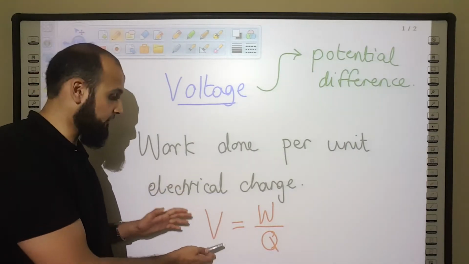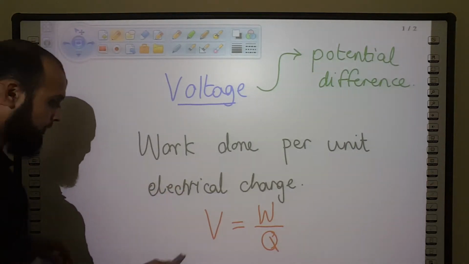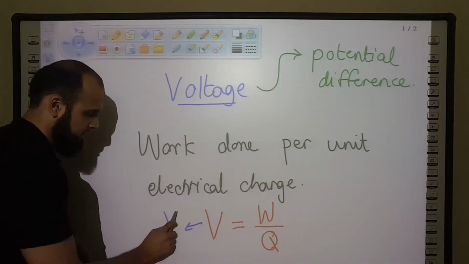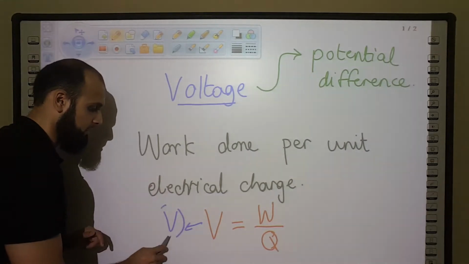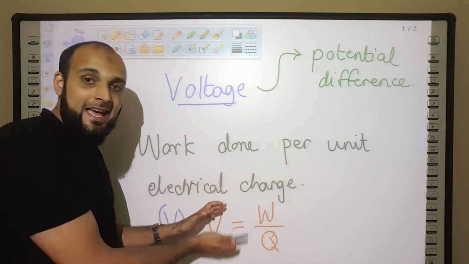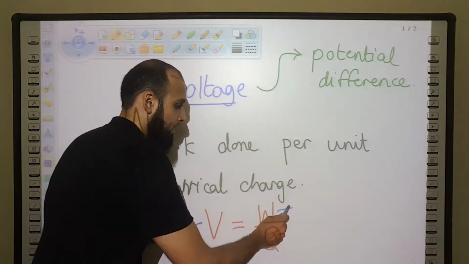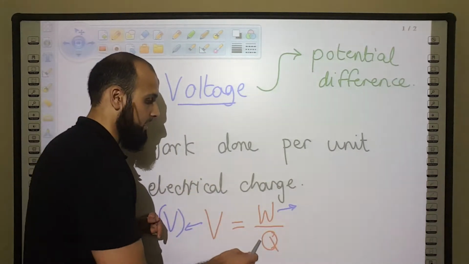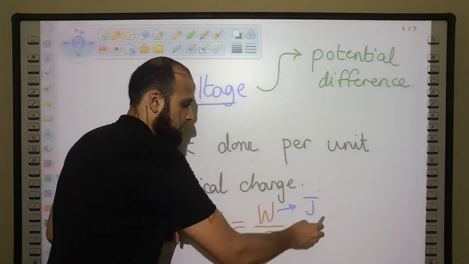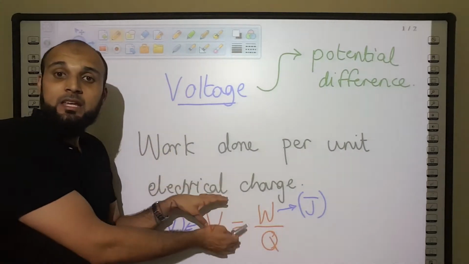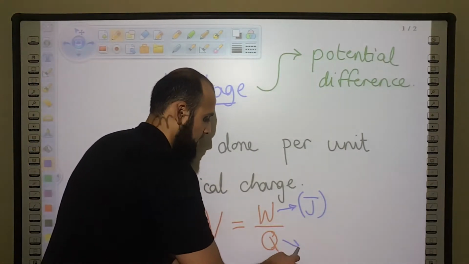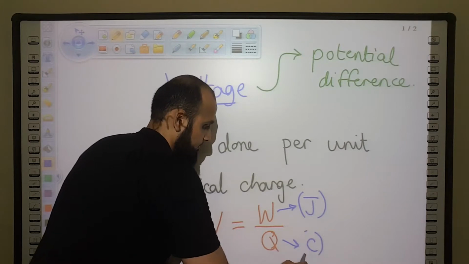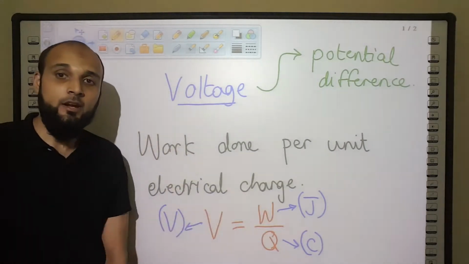Voltage, potential difference, is measured in volts, so that's just a capital V. And work done, the energy that is transferred per unit charge, right? So work done is in joules, and the charge would be in coulombs, a capital C.